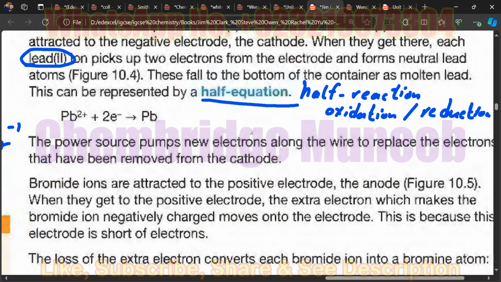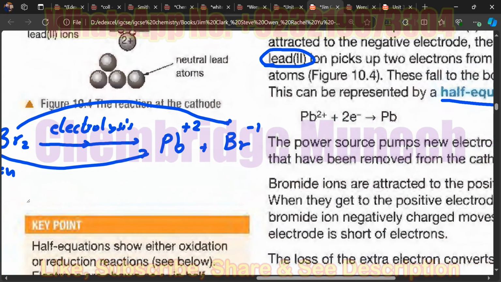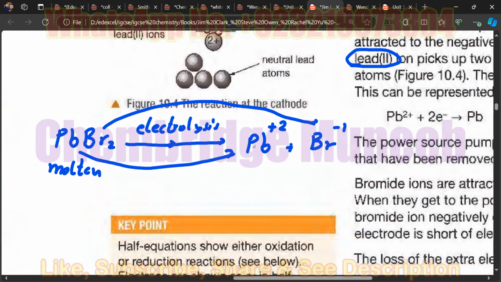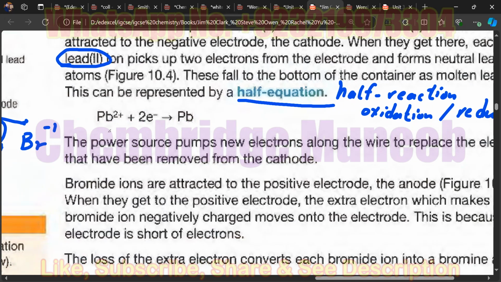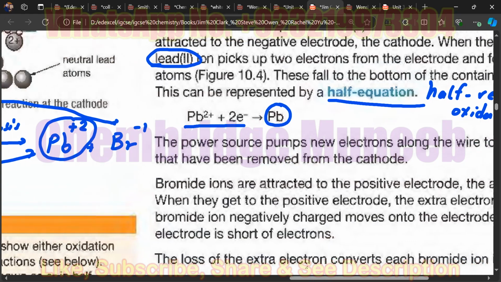So if we talk about the lead, then the lead is a metal. The lead has produced the positive ion here as a result of the electrolysis. Now this positively charged ion will gain electrons in the reduction process, and it will convert into a metal atom. How is it happening?